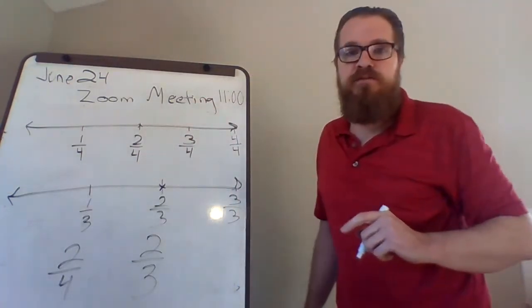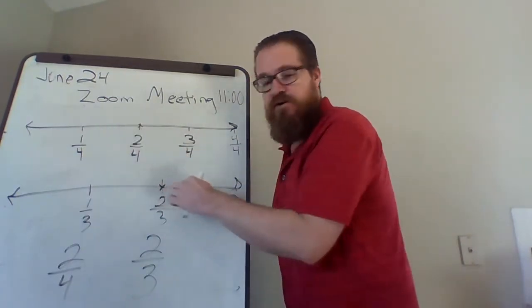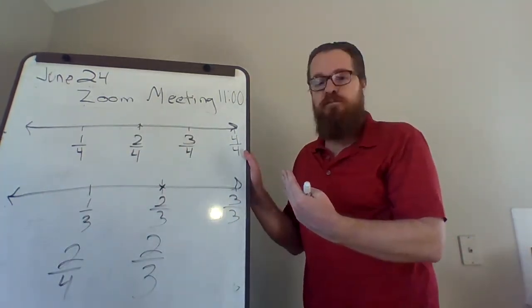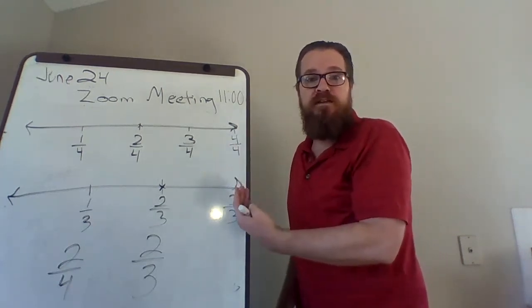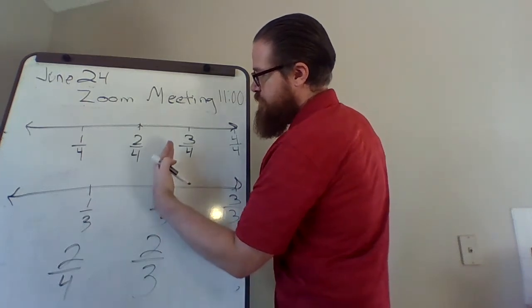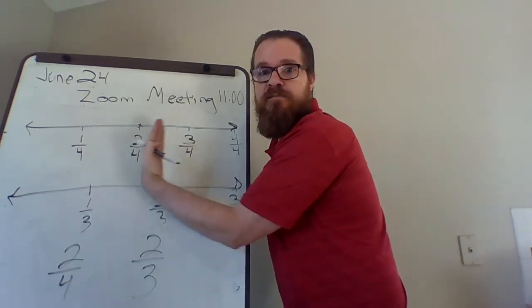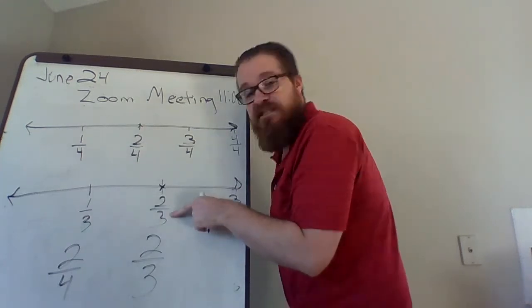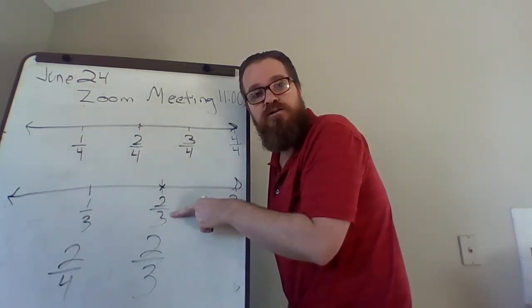Now when I look at those two, here's 2/4, here's 2/3. Which one looks like they're closer to the right side, which would be 1? Which of them looks like it's further over? Well, I can see my 2/3 is further than my 2/4. So I could say that 2/3 is definitely the larger between these two.